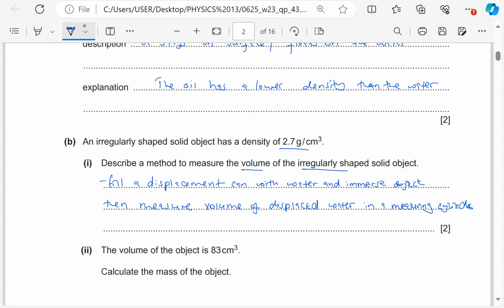You must have done that in Year 10, in the first term, when you were looking at physical quantities and measurement techniques.